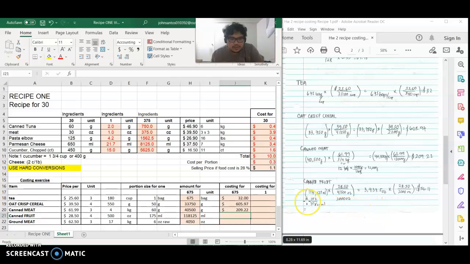So since 1 ounce is equal to 30 grams or ml, that will give us 37.5 ounces. So for this one, equals open parenthesis, click the 118,125, then divide it by 30.